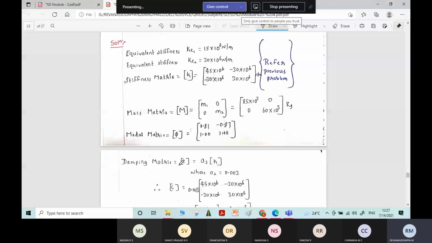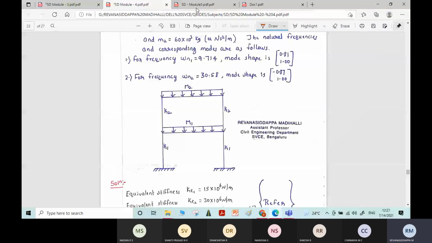Then coming to module 5, this is also one of the easy chapters that you can prepare for the examination.